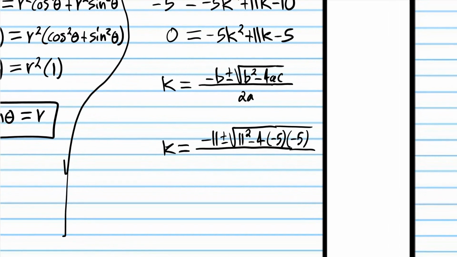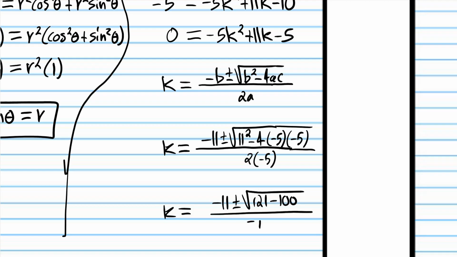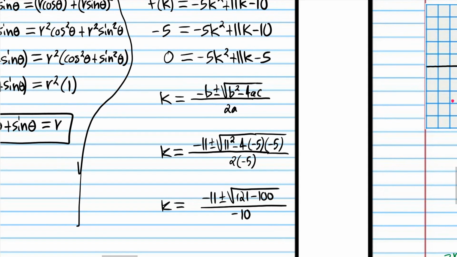Okay, so now we just have to simplify. So we have -11 plus or minus root 121 minus 100, it looks like, all over -10. So let's make sure that we have everything written down properly.